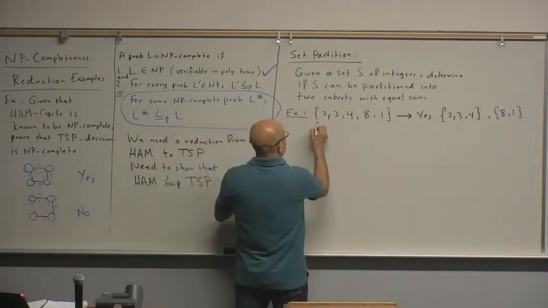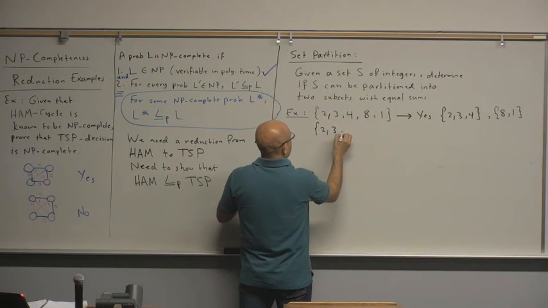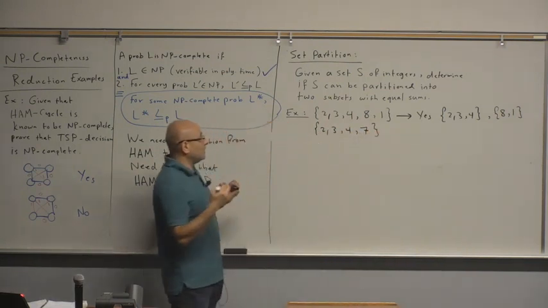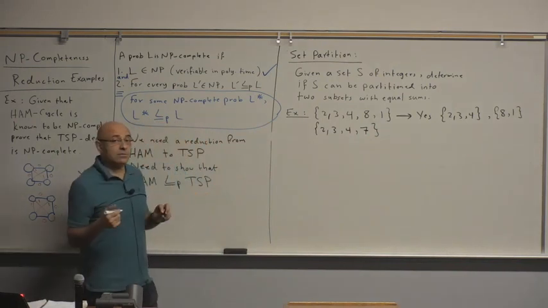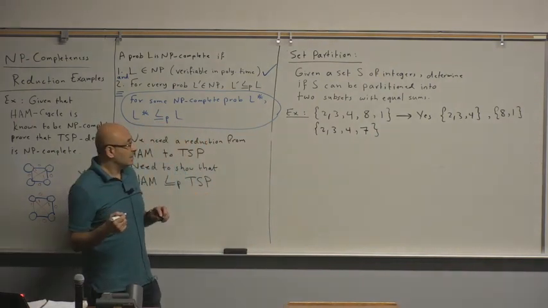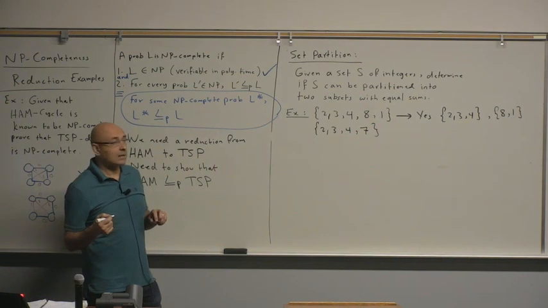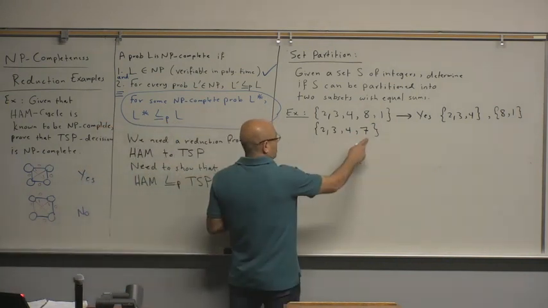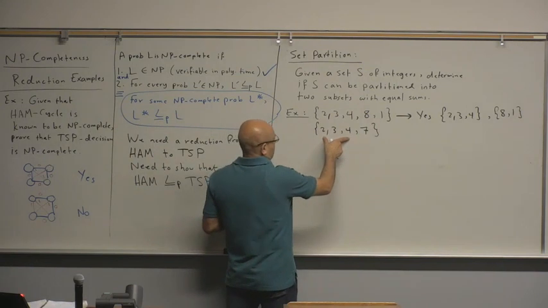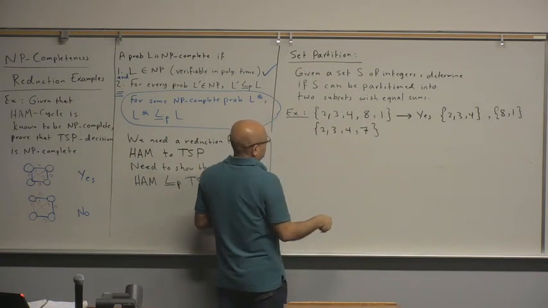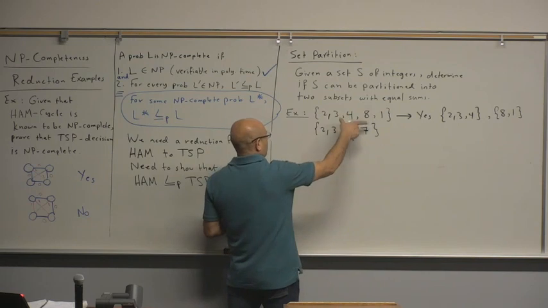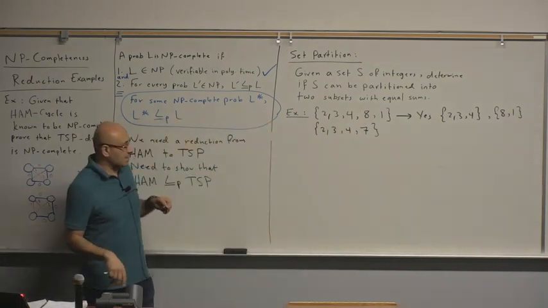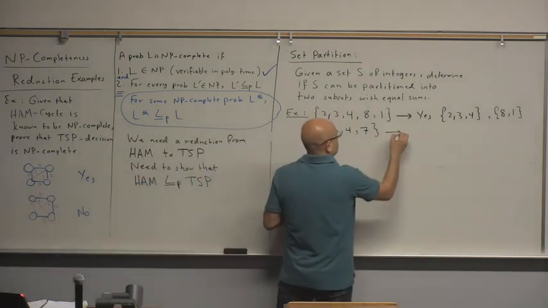Another example is 2, 3, 4, 7. So in this case, can you partition it into two subsets with equal sums? No, you will not, because this is the largest number, so these will not give you 7. Yeah, 2 and 7 will give you 9. You will not find a way to partition this into two subsets. So the answer is no.